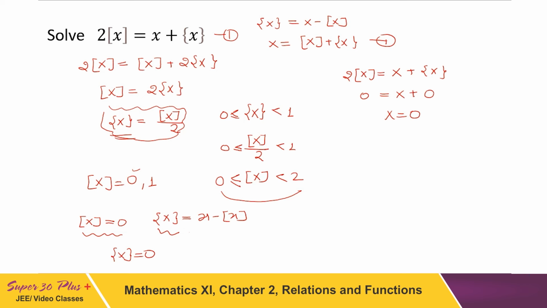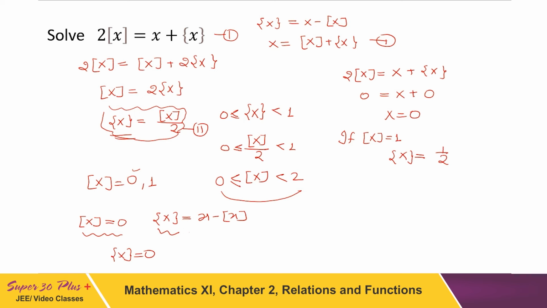Now if the greatest integer of x is equal to 1, then applying equation number 2, what will be the fractional part of x? The fractional part of x will be 1 by 2. Now use the values of the fractional part and greatest integer in equation number 1.